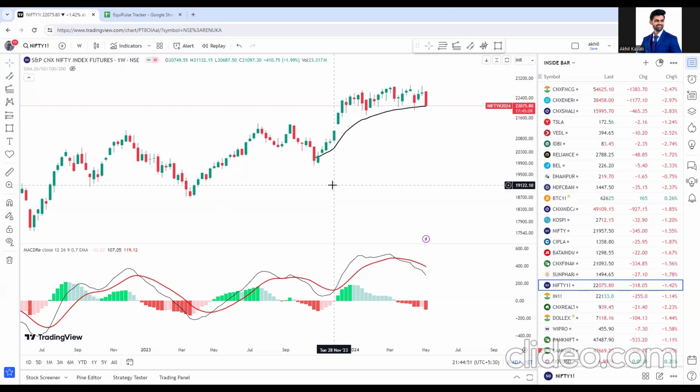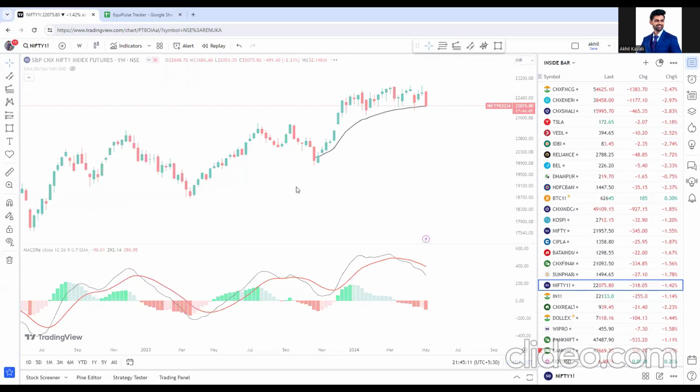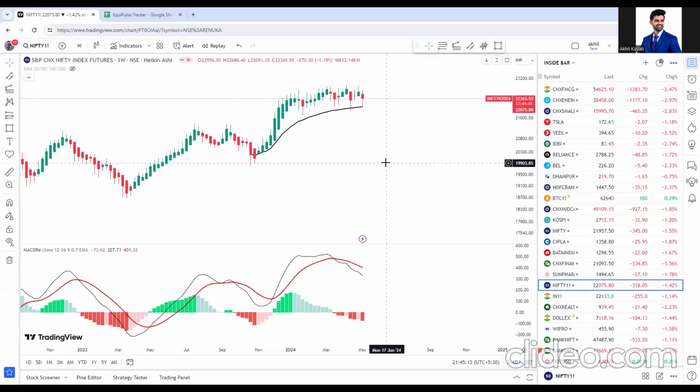Now, diving deeper into the structure and historical price action of Nifty, let me switch to a different candlestick pattern. What you see here is a normal candlestick, but for today's session I'm going to leverage a different candlestick called Heikin-Ashi candles, commonly known as Japanese candlesticks.